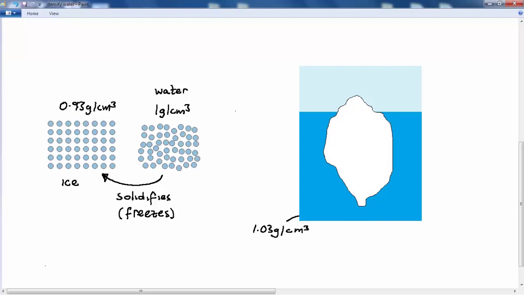Since the density of ice is 0.93 grams per cubic centimetre, there is approximately a 10% difference in densities. As a result of that, approximately 10% of the iceberg's volume will float above the surface of the water.